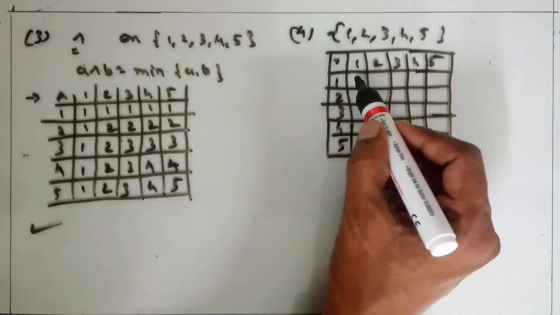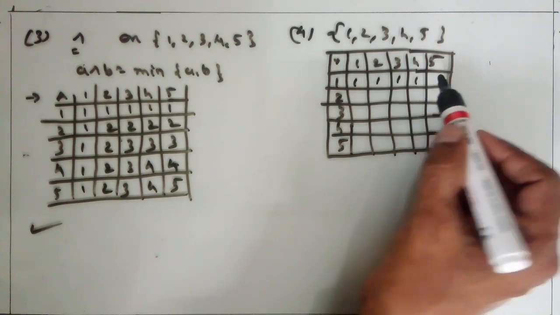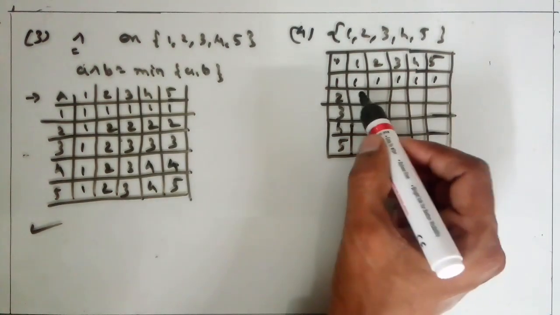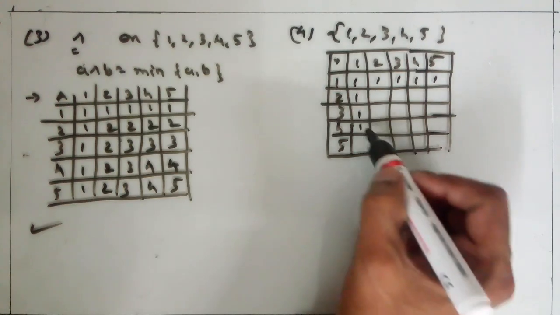Here for 1: 1 star 1 is 1, 1 star 2 is 1, 1 star 3 is 1, 1 star 4 is 1, 1 star 5 is 1. Same for this 1 and this column: 1, 1, 1, 1.